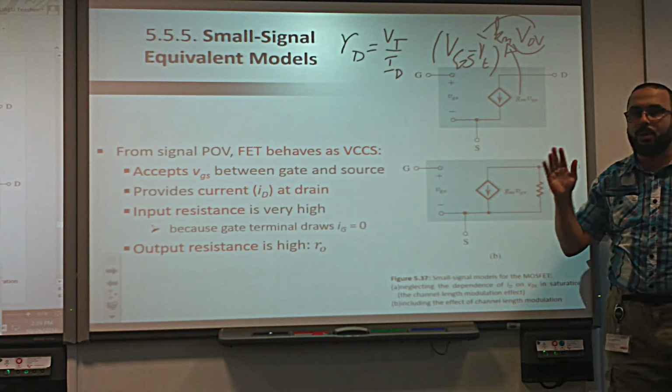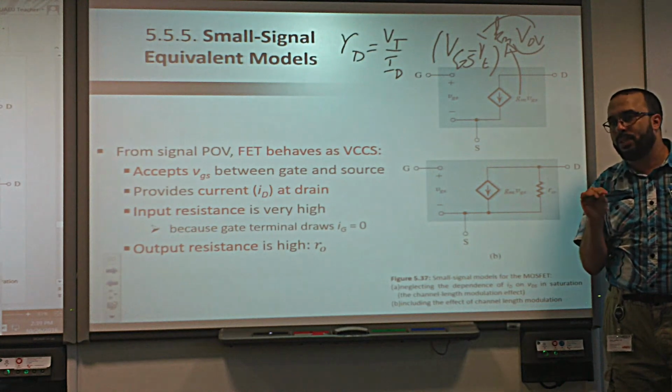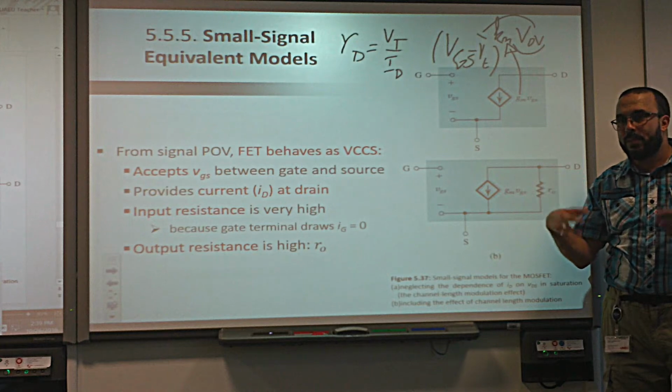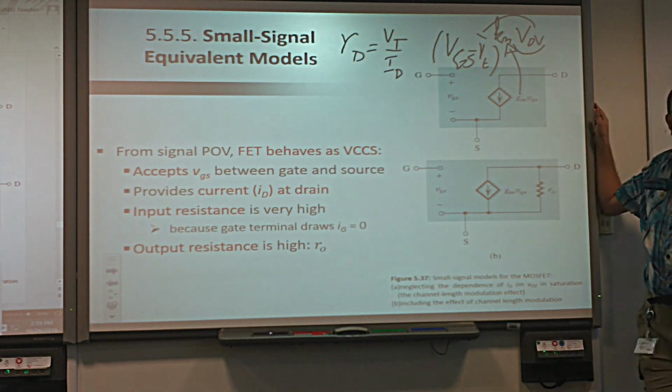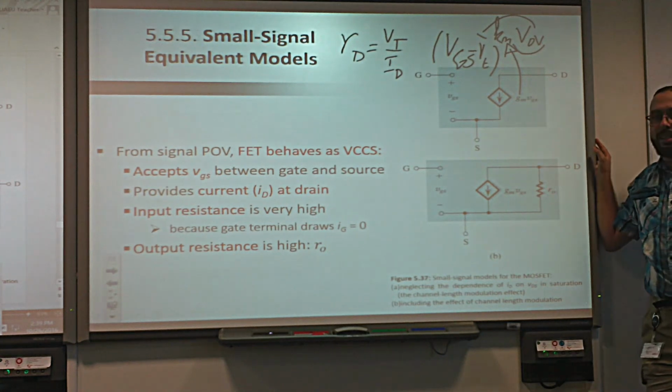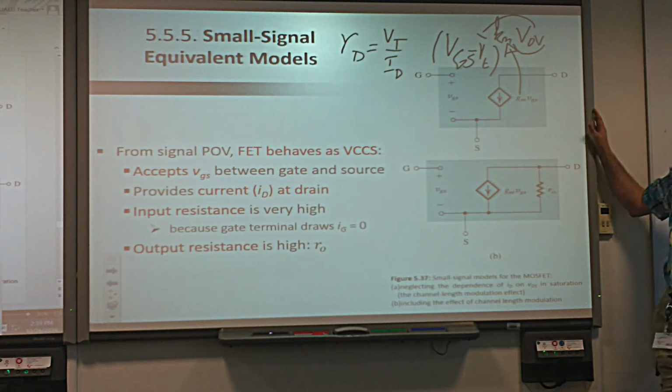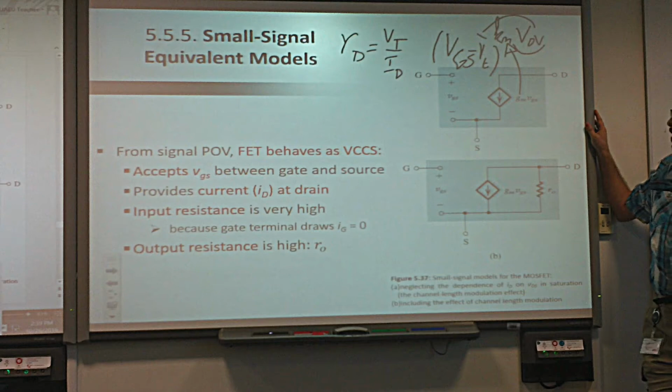That's why in AC we don't put any DC source, because the DC source, as we did with the diode, is removed because it's replaced inside the parameter of our device. Got it? Engineers are crazy.